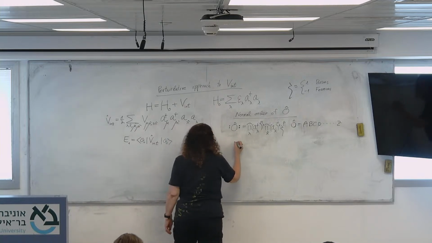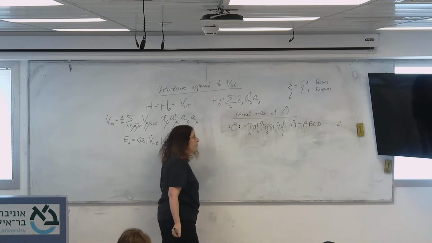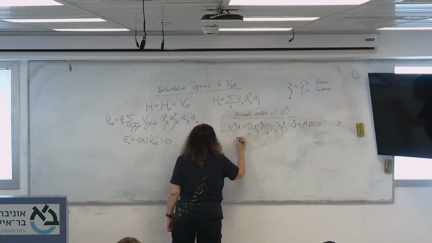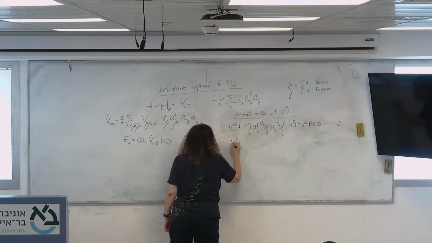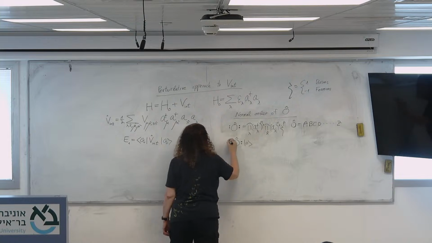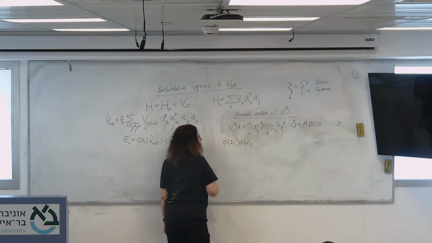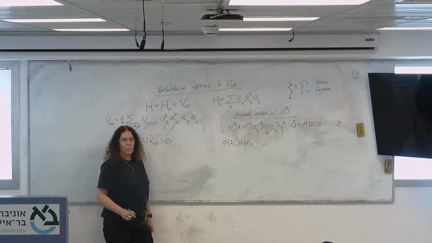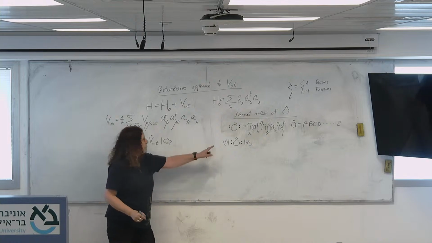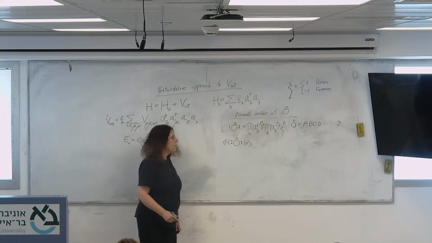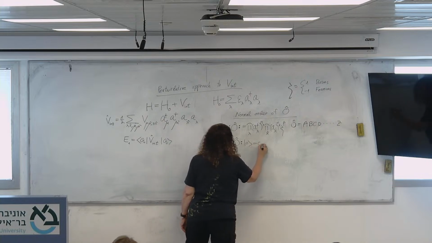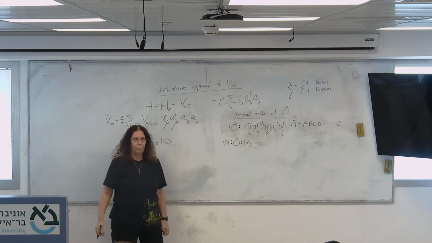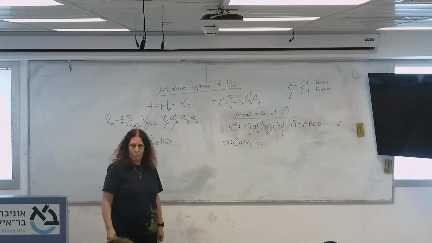And as a result, you can easily see that if I take the expectation value of this operator in the vacuum, what will I get? If it's normal order, it's 0. Okay? Why?